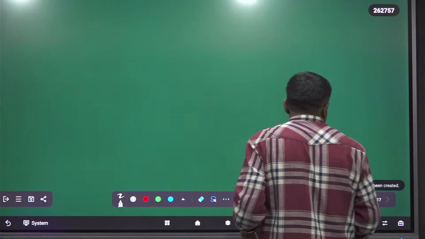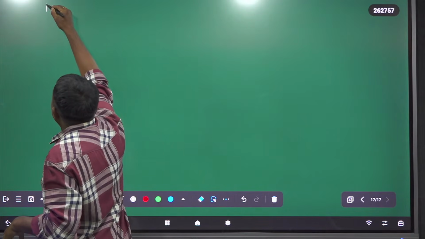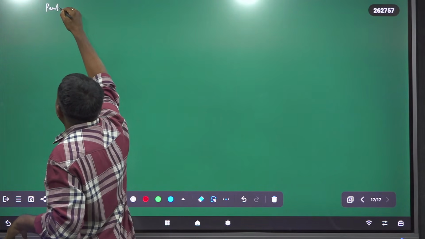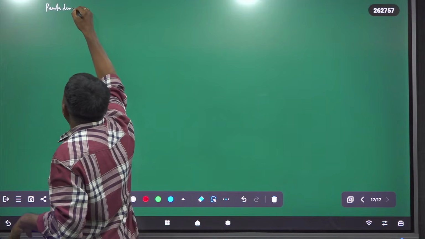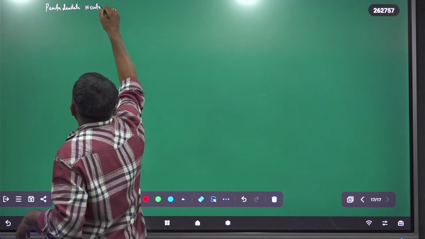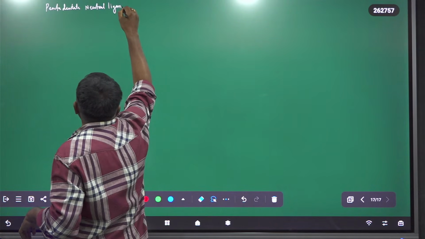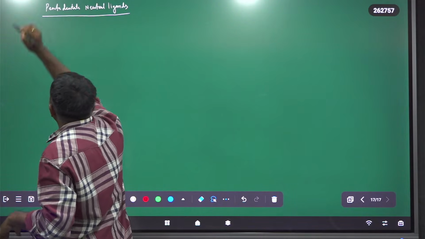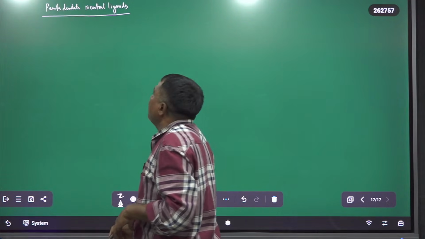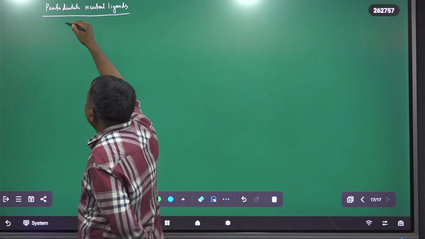So after this, pentadentate neutral ligands. Pentadentate neutral ligands. So what are the pentadentate neutral ligands? Hexamethylene pentamine.